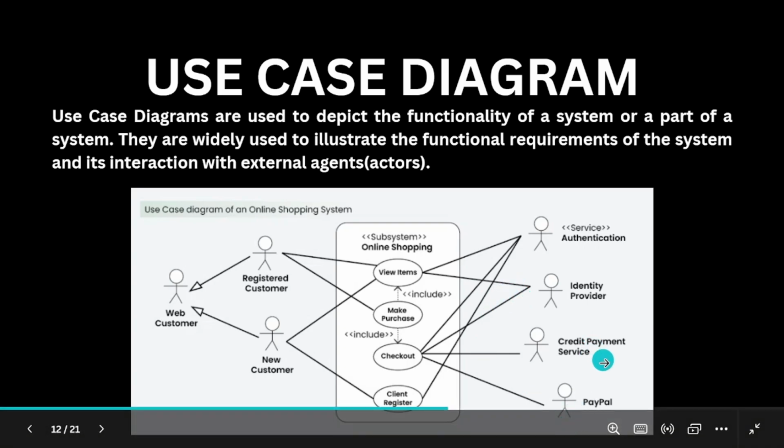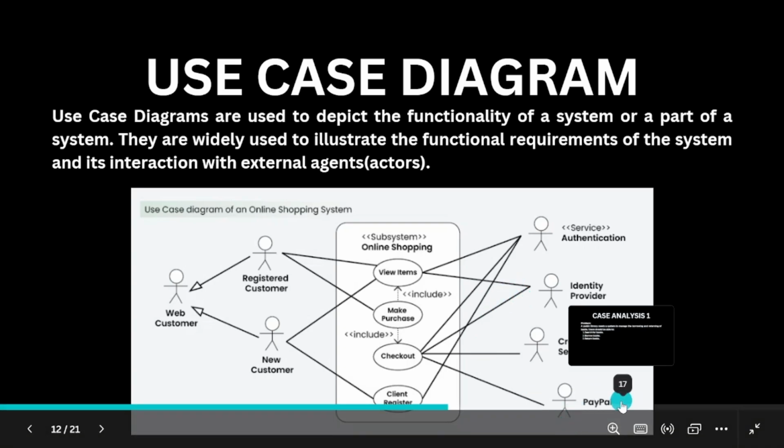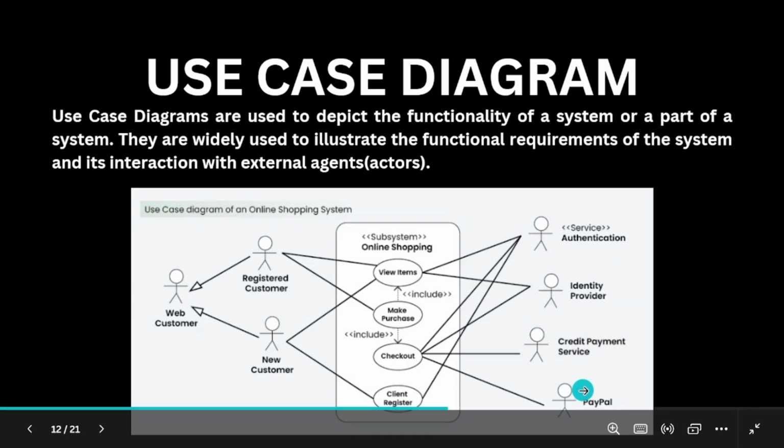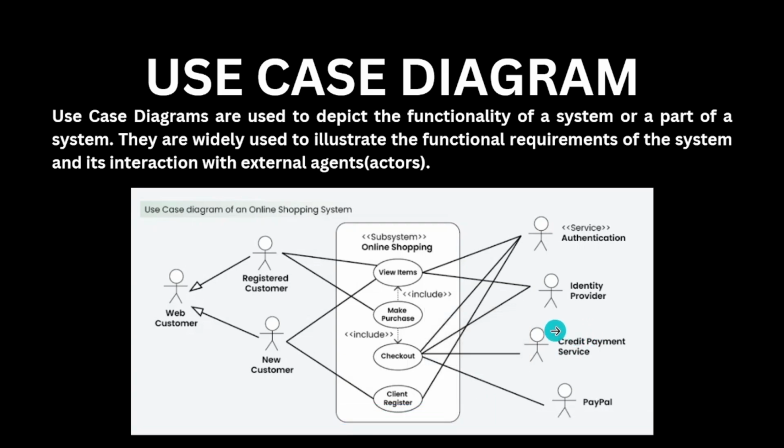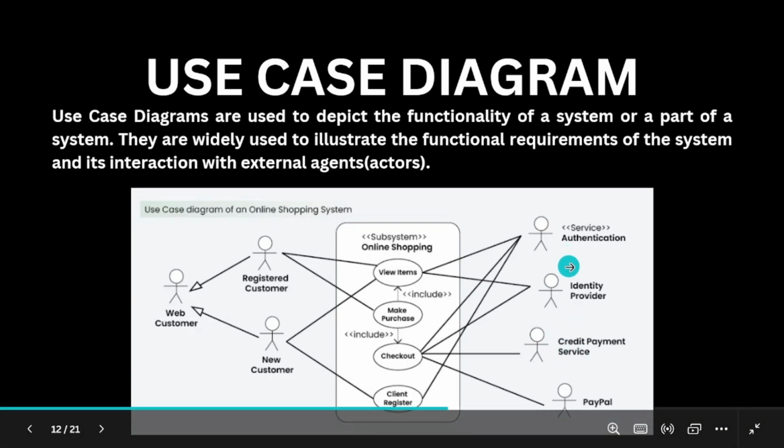Then credit payment service and PayPal, ito yung option para sa pagbabayad ng checkout. And overall, pinapakita ng diagram ang iba't ibang functionality ng system para sa iba't ibang klase ng gumagamit, at ang koneksyon sa iba't ibang external na services like authentication, credit payment, and PayPal.